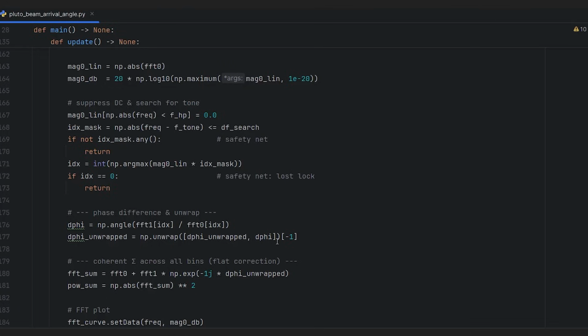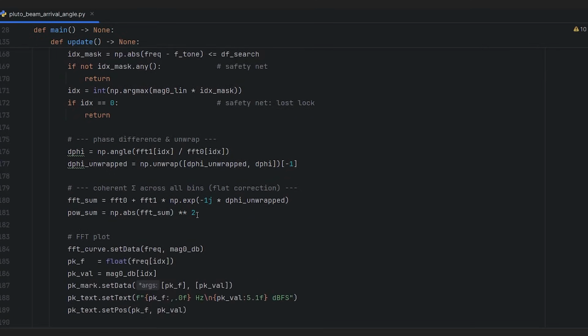One thing to note is that we need to first unwrap the phase so that if it's higher or lower than minus pi or plus pi, we don't lose it, it doesn't fall back to minus pi and plus pi, and we actually see the raw phase information.